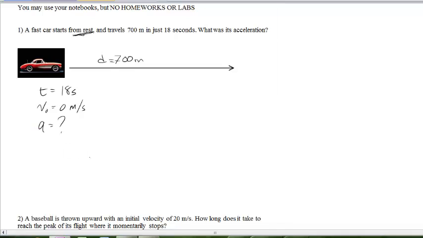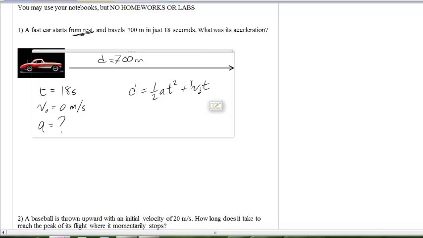Now, as usual, we have something we're looking for and the things we know, and using that information, we can determine which of the equations we should use. In this case, we should use this particular equation.